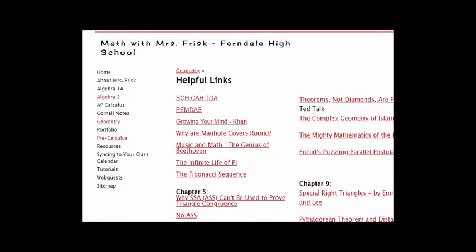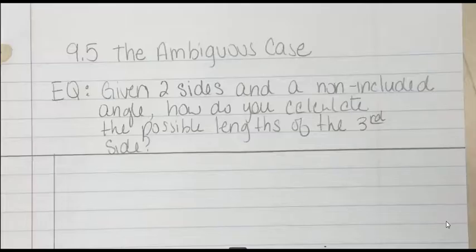And what it means for us now is that anytime we are just given an angle and 2 sides where the angle is not included in the 2 sides, we may have 0 triangles, 1 triangle, or 2 triangles, as you saw in the video.